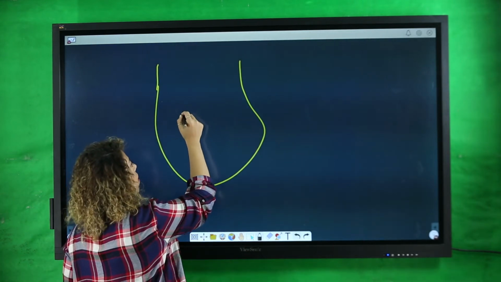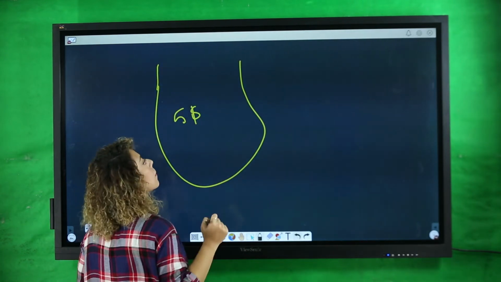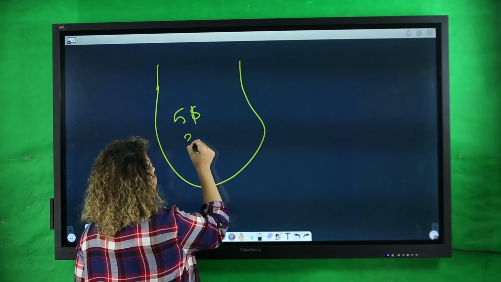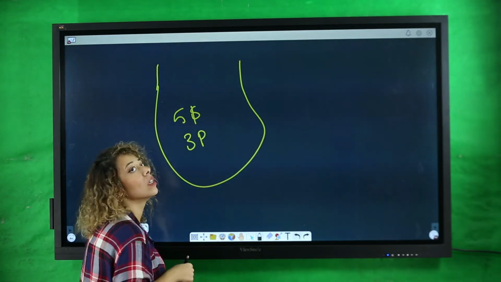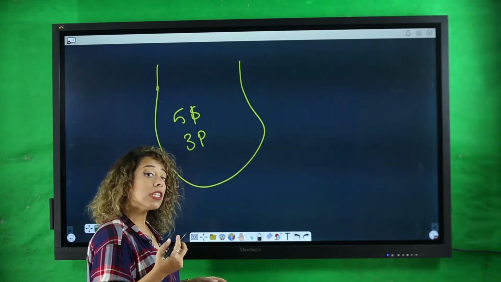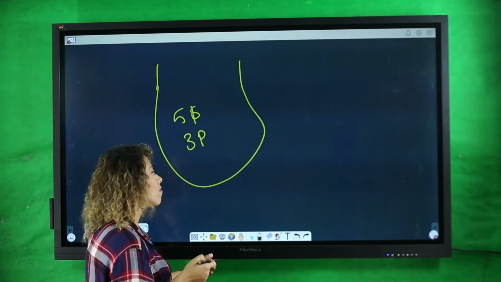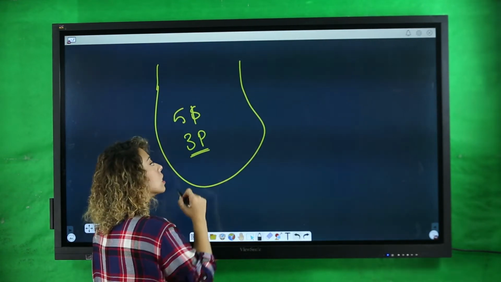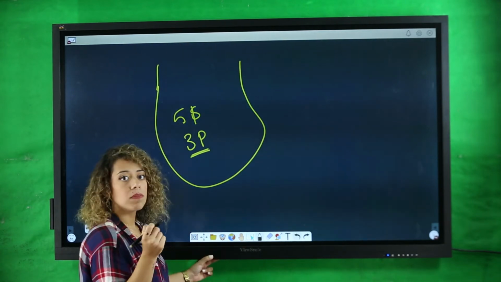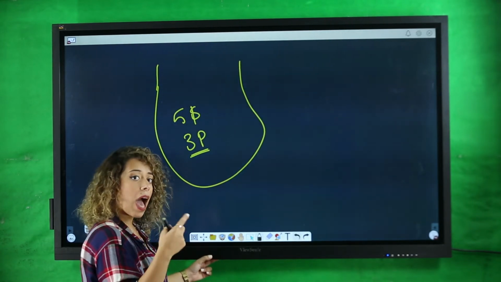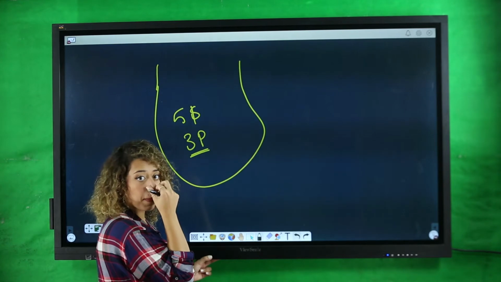If I have $5 and I have 3 pounds, okay? And I asked you a question: what would be my probability of picking up 1 pound out of them all?